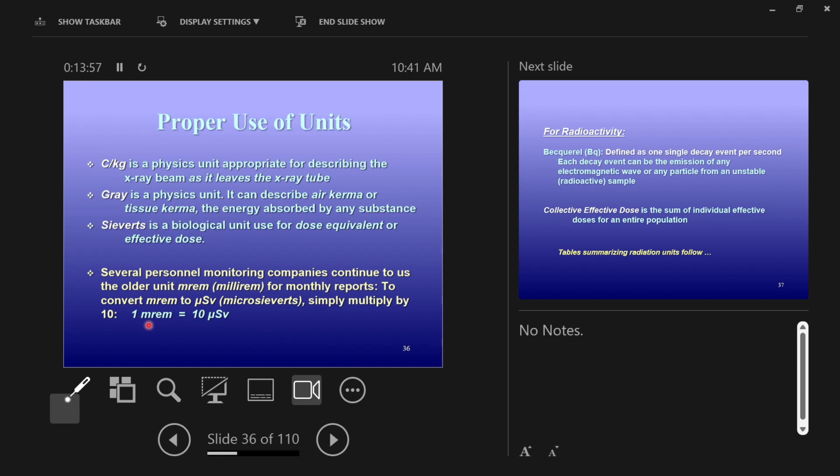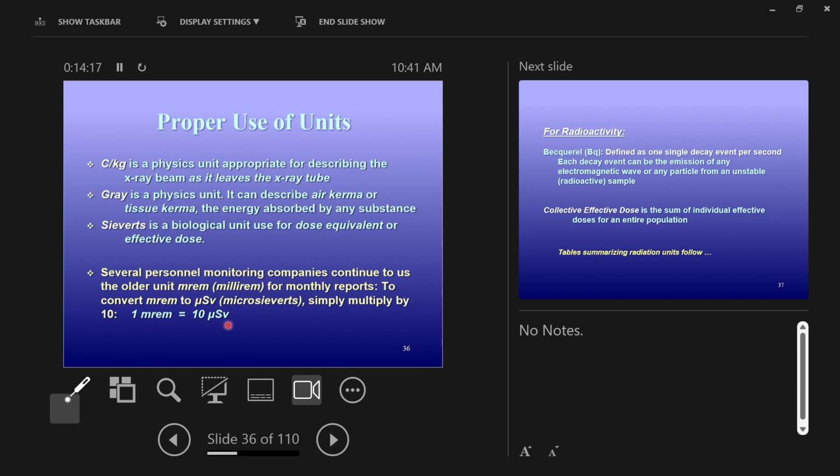If you wanted to convert to millisieverts, it'd be multiplied by 100, because there's a 100 to 1 relationship between rem and sievert, 100 to 1 relationship between rad and gray. But that's it. 1 millirem of exposure equals 10 microsieverts.